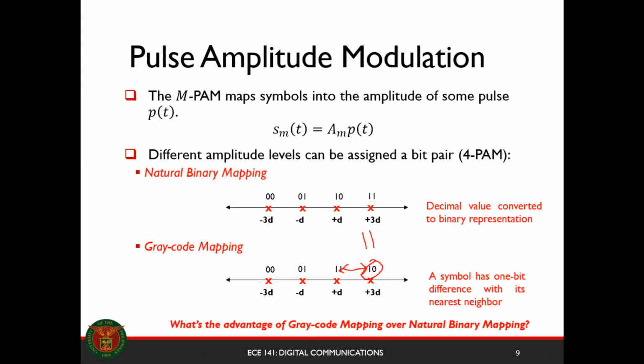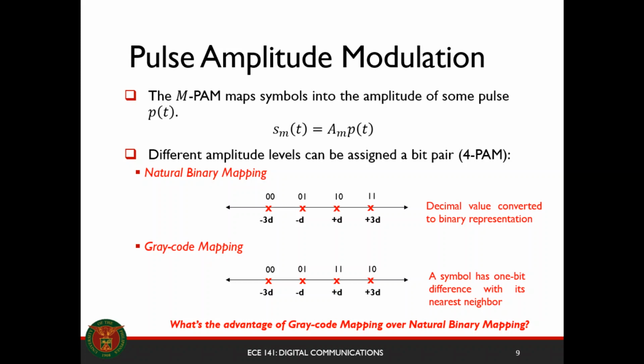By some forward error correction technique, we can actually correct the received 1-1 into 1-0. And with Gray code mapping, we can relate what we call the symbol error rate to your bit error rate. But I'm getting ahead of myself. So that's the difference between your Gray code mapping and your natural binary mapping.